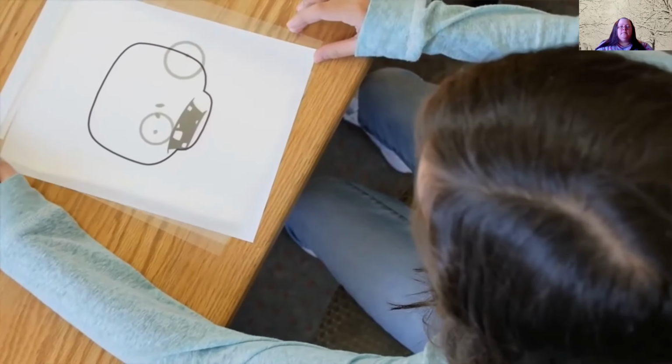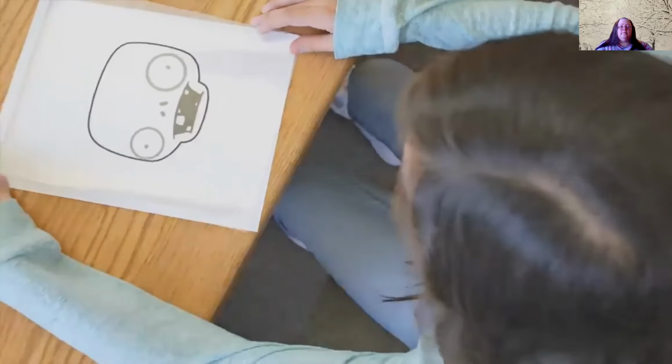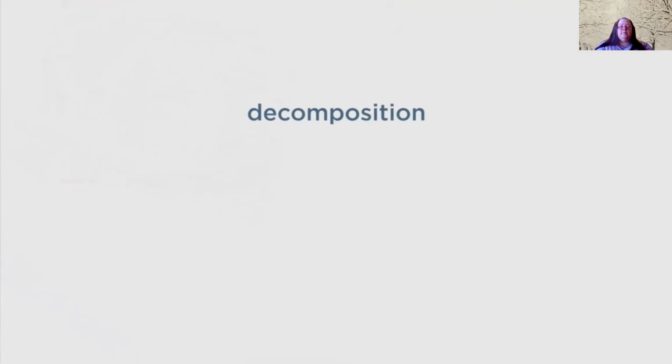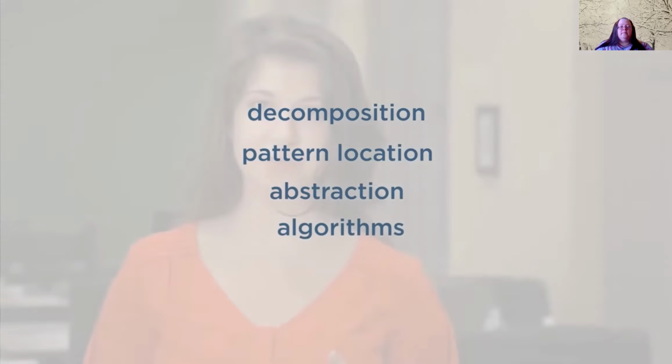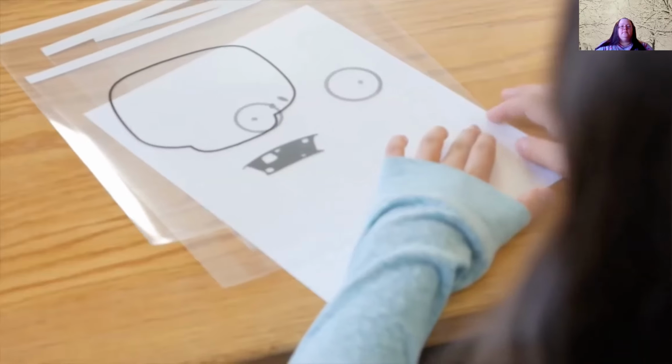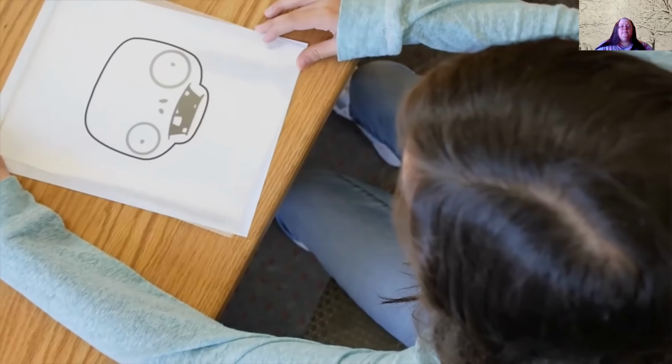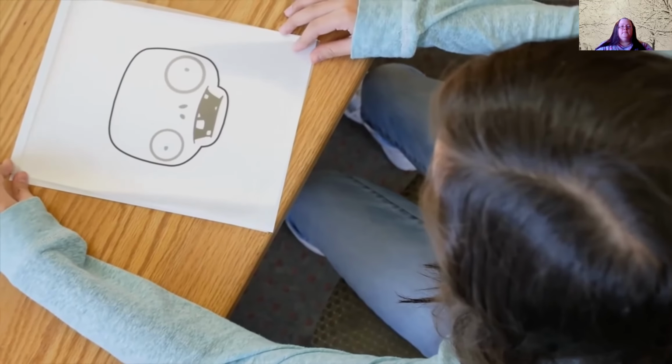Groups will write instructions using the 4 steps of computational thinking: decomposition, pattern location, abstraction, and algorithms. First, groups will decompose the task, which means make a game plan. Then, they'll look for patterns between all the monsters in the catalog. When they come across differences between the monsters, they'll abstract out or remove those details.